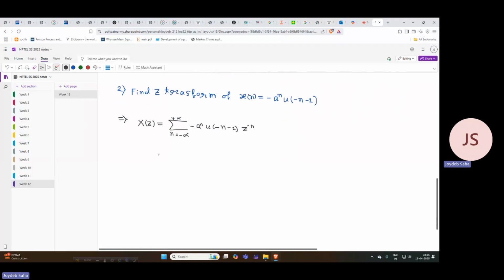Can we write it as the summation from n equals minus infinity to minus 1 of minus a to the power n z to the power minus n.